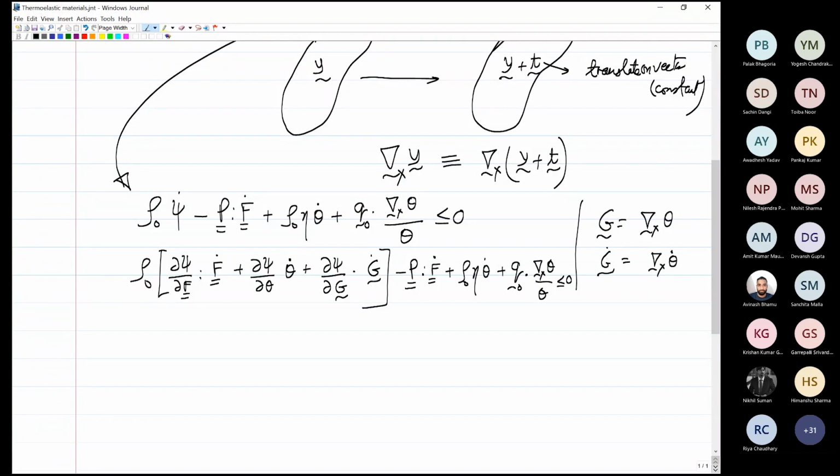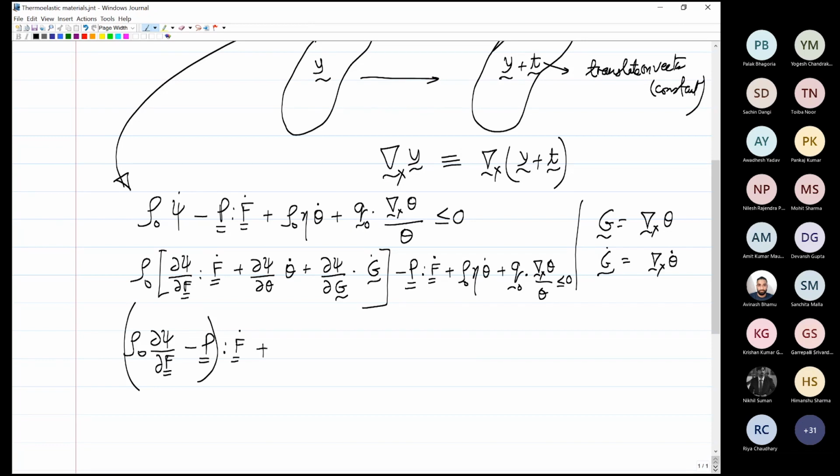So now let's club together the terms corresponding to time derivatives of different variables. For example, for F dot, club the things corresponding to F dot together. So you have rho naught del psi del F minus P double contraction F dot.